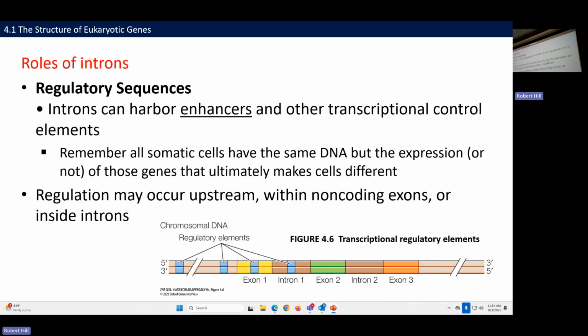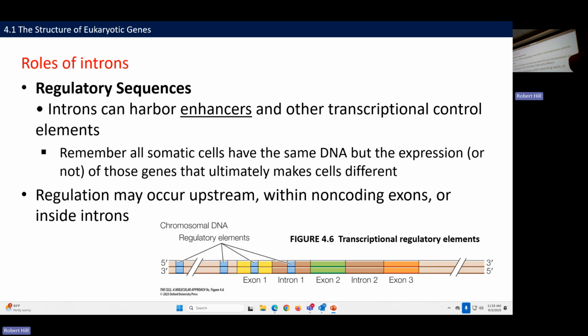Okay, you also have what are called regulatory sequences. These are the sequences that make up promoter regions. Typically, they'll have DNA binding domains there, regions that proteins can bind to. These include enhancers, which enhance transcription.